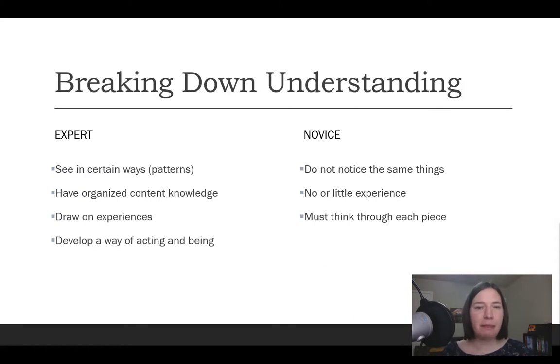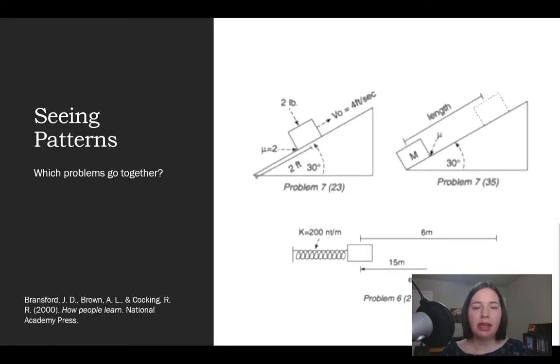So here's an example of how they tested this. There was just a whole bunch of physics questions. So here's some examples. And they asked physics students as well as professional physicists to group the problems by theme or concept. Okay, which problems go together?